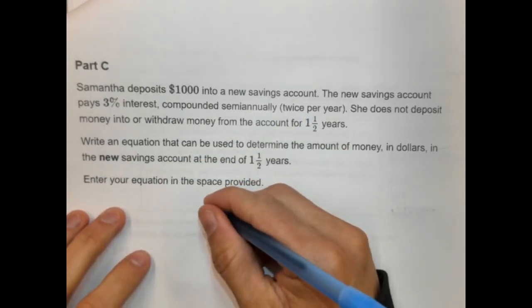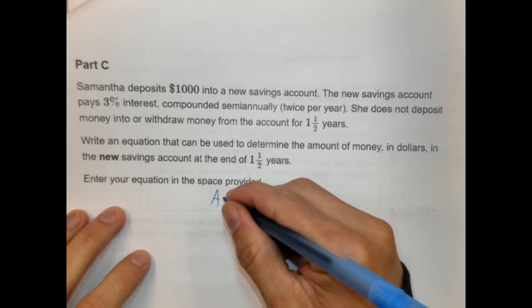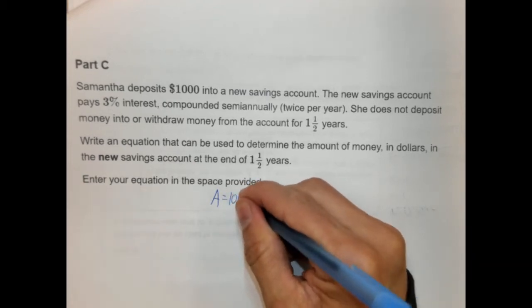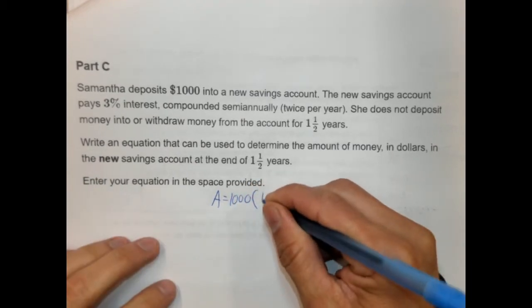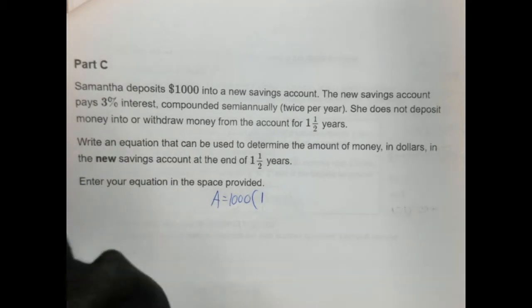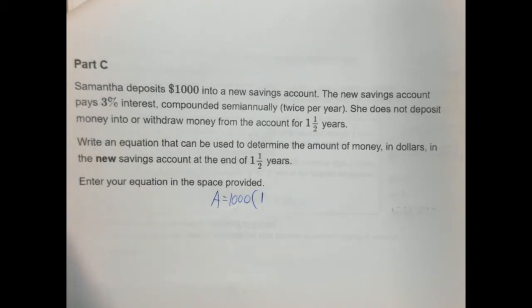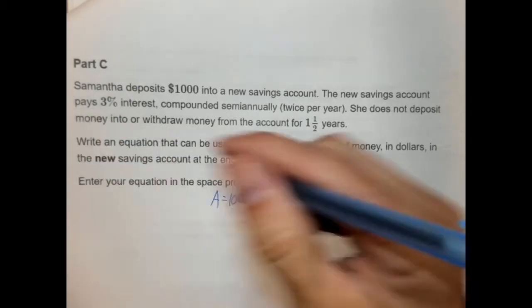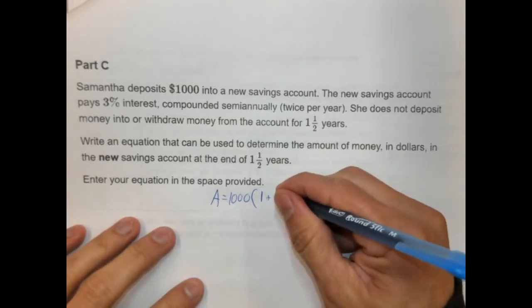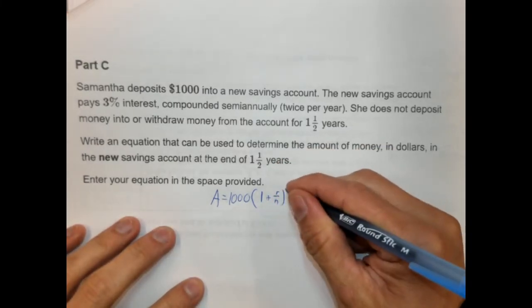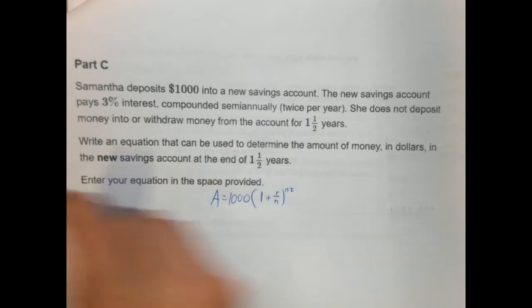So I'm going to write the base equation first. A equals 1,000 times 1 plus R over N, to the power of NT, right?